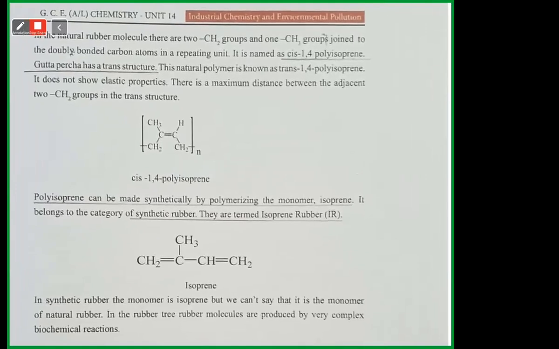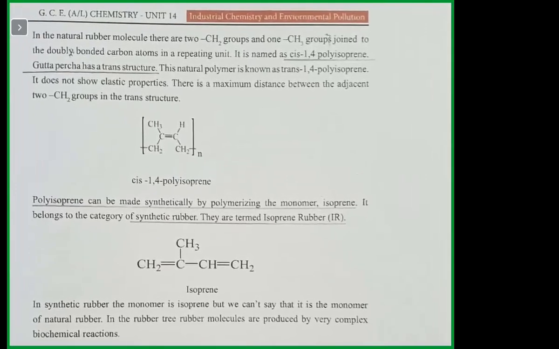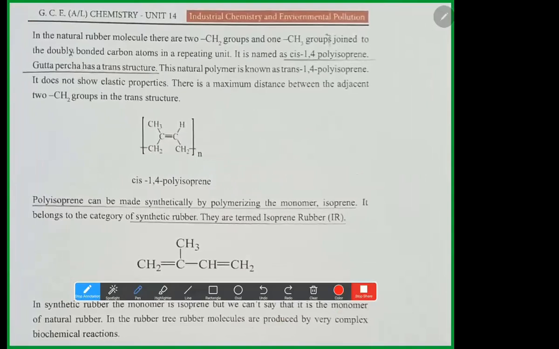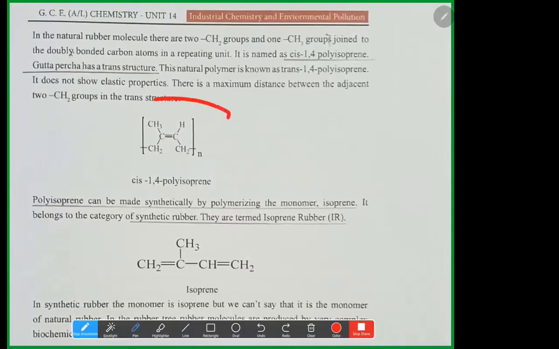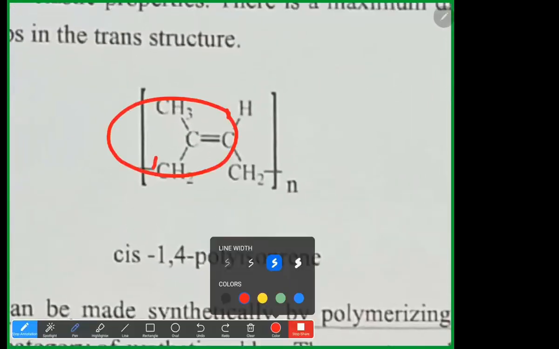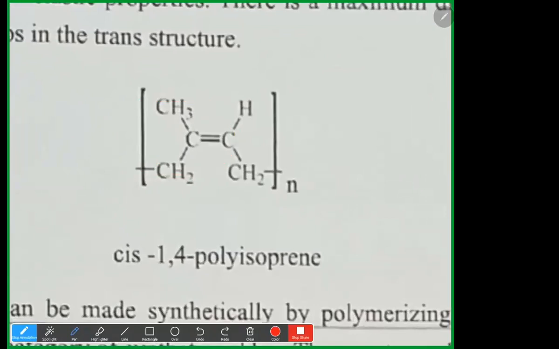In the natural rubber molecule, there are two natural rubber molecules. Okay, this is the natural rubber. These 2 points are the joining points of the next molecule. See, from here and from here. So what's supposed to be here before this?